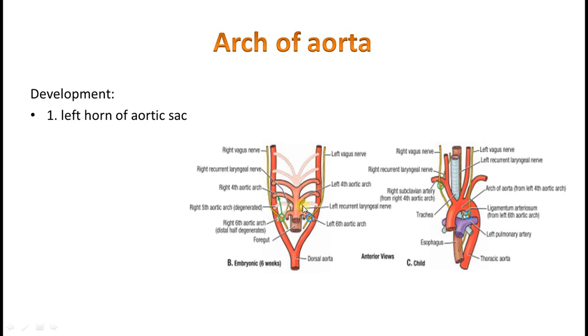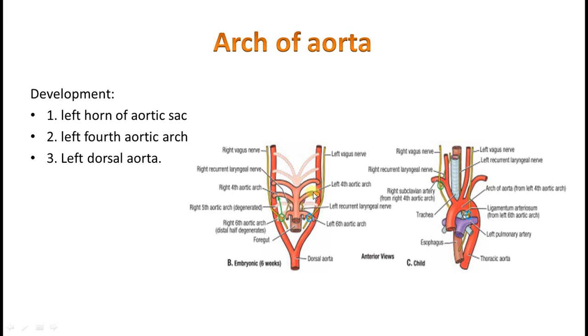So from the horn of the aortic sac, left horn and right horn you have. From the left horn of the aortic sac, and then from the left fourth aortic arch artery, which is connecting the horn of the aortic sac with the dorsal aorta. So the left fourth arch artery, and followed by that, finally it is the dorsal aorta, the left part of the dorsal aorta.